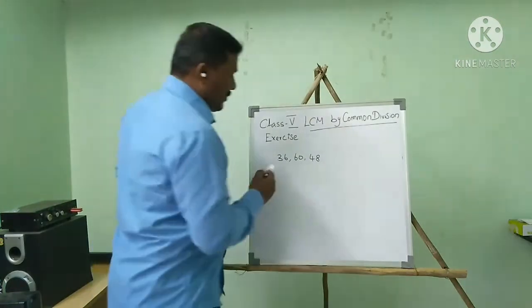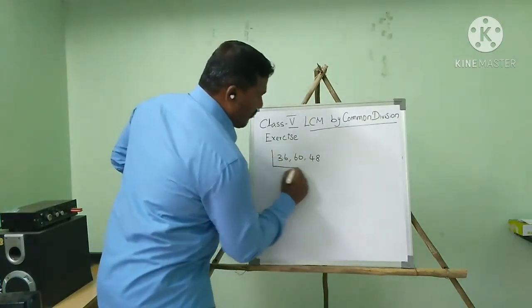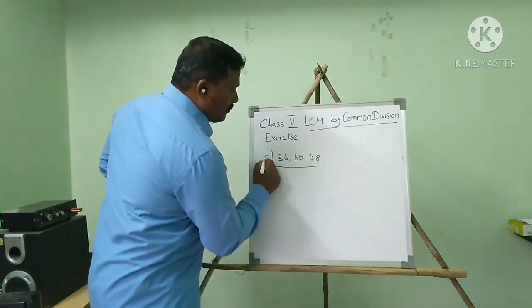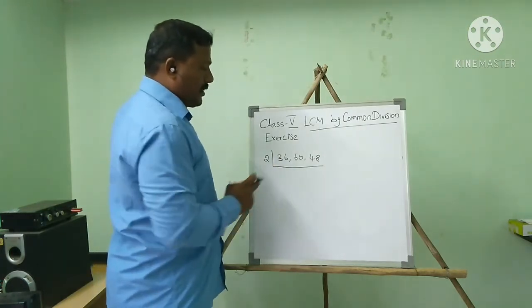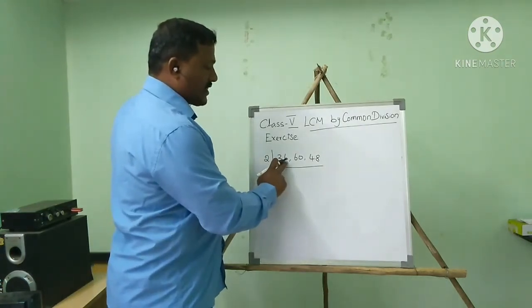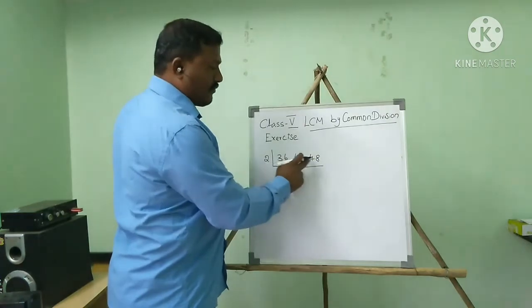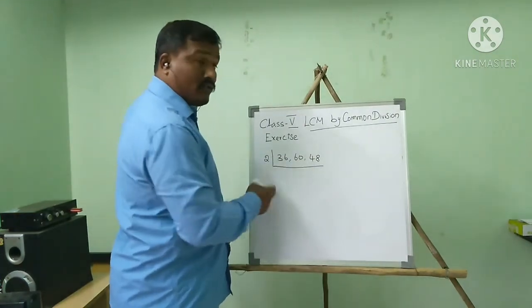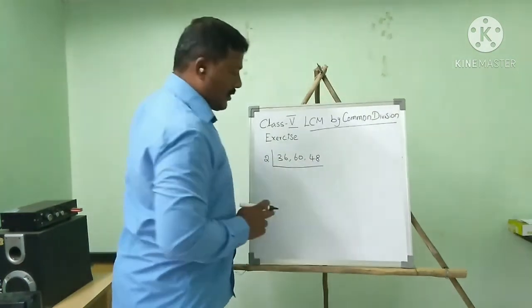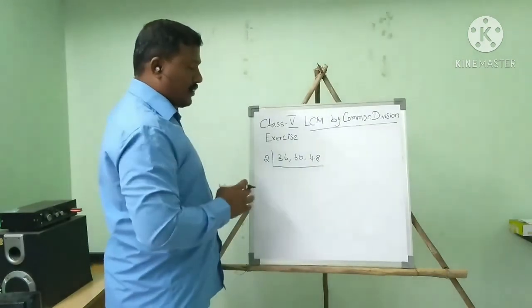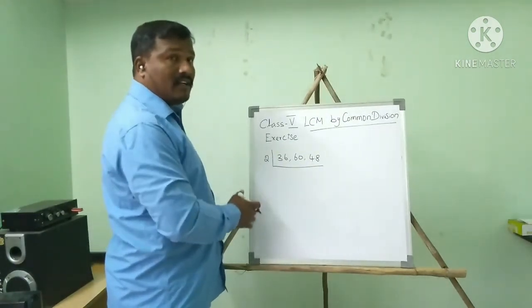First I will divide all the numbers by 2, because 36, 60, 48 are all even numbers, so we can divide by 2 easily. And 2 is also a prime number, so we want to make all the factors prime numbers.